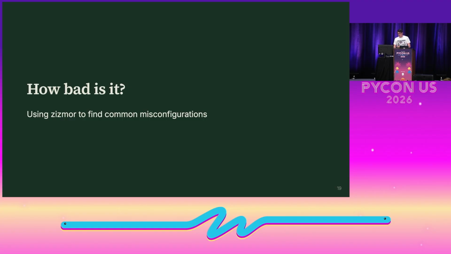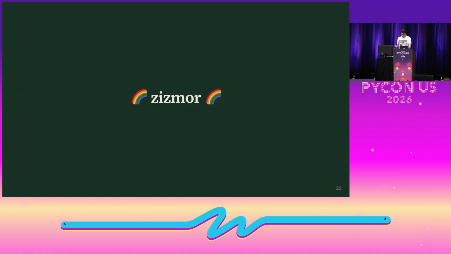So I picked up a tool called zizmor, written by our wonderful friend William down here at the front. Can we get a big hand for William working on zizmor? Zizmor is a wonderful little tool written in Rust, but published on PyPI. Definitely not an abuse of the terms of service there at all.